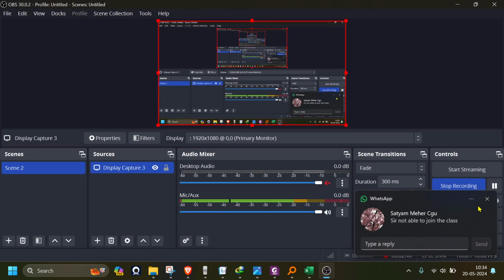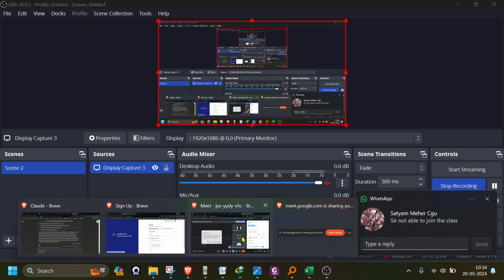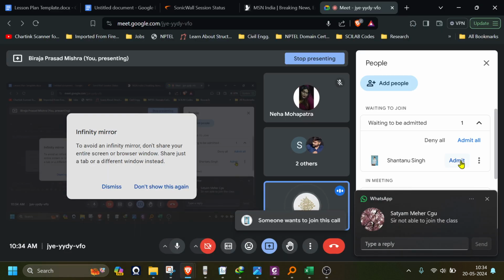Satyam Meher, is he registered for structural analysis 1?